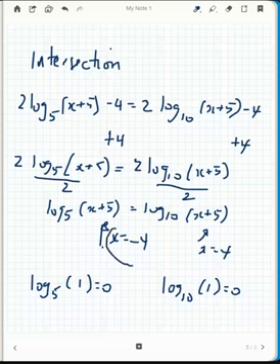So when x equals negative 4, this is log base 5 of 1, which is 0. When x equals negative 4, this is log base 10 of 1, which equals 0.